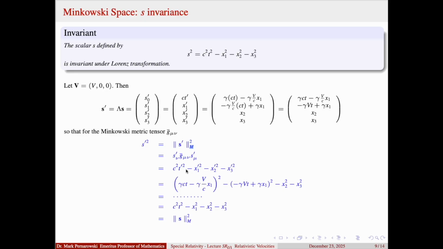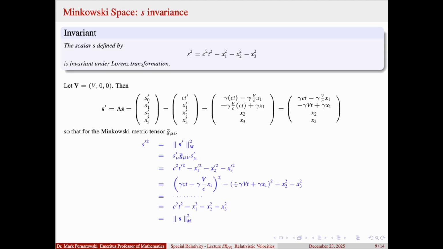Then everywhere you see a prime in here, you use the Lorentz transformation. You input what the non-prime equivalents are. For example, this first term that I've got highlighted is T prime by the Lorentz transformation.